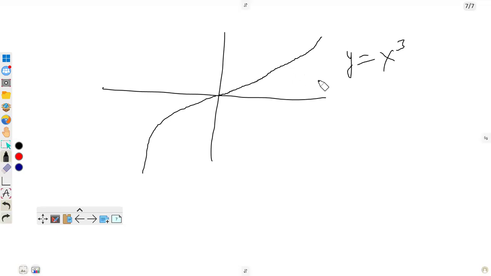Now, what we found was that we can find the slope at this point. How can we find a slope at this point? By following a limiting process.